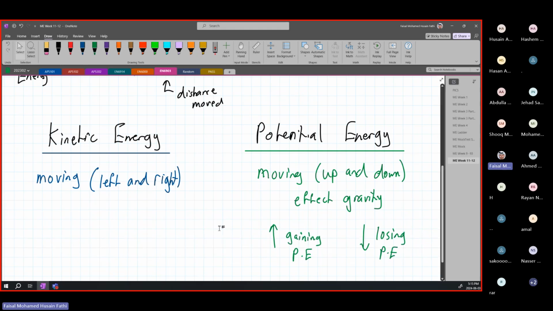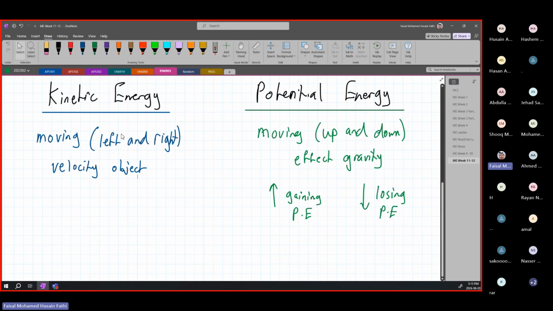In the case of kinetic energy, this depends on the velocity of the object, and the left and right depends mainly on the direction. So when velocity is going up, you are gaining kinetic energy.